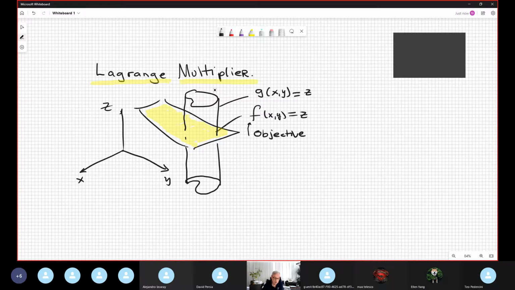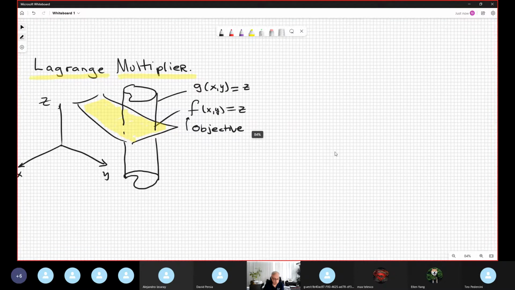So what's the idea behind Lagrange multiplier? Look, the idea is, suppose in the intersection here, between the constraints. This is the constraint. Okay, this is g.